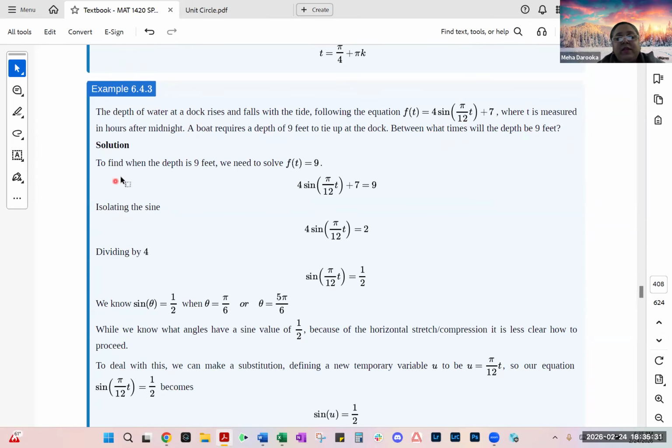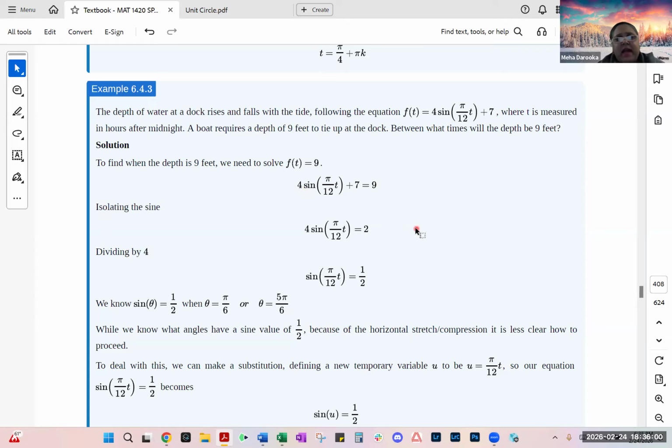Okay, so we know that the depth has to be 9 feet. That basically tells us in this equation that our f of t has to be equal to 9, because remember, this equation gives us the depth that the water at the dock will rise and fall, right? So we take this equation and set it equal to 9. Then you're trying to get the sine function by itself.